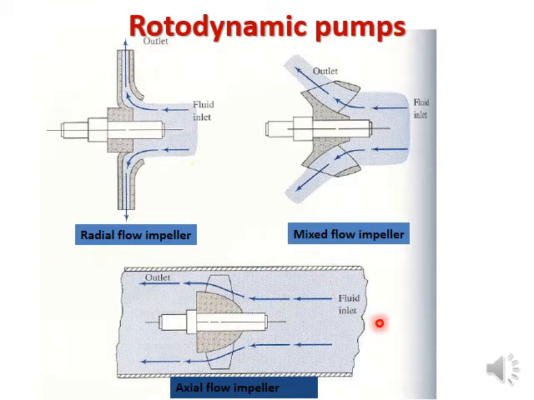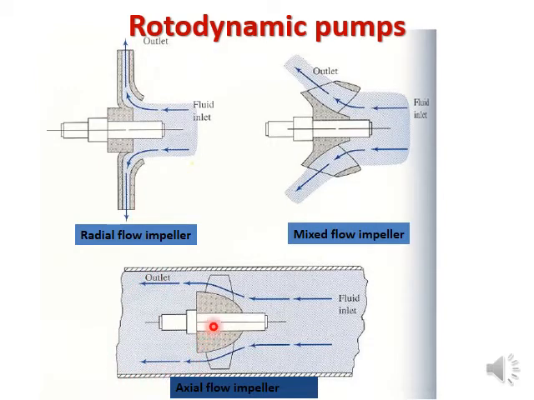You see the flow is axial. Here the flow is departed at almost 90 degrees. Comes here and leaves there. But here it is in line. Inlet and outlet are in line. And fluid remains on a cylindrical surface.